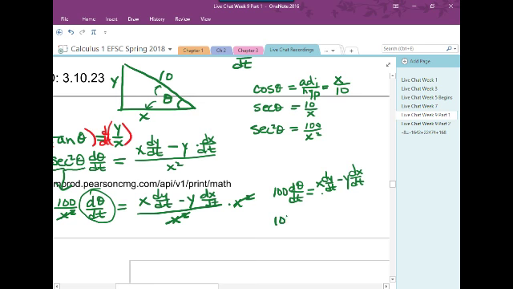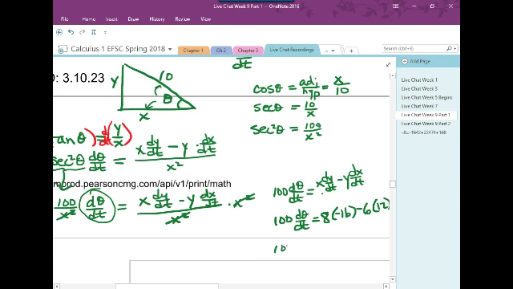So that's 100 times d theta dt equals x, we were given was 8, dy dt, we figured out was negative 16, y, we figured out was 6, and dx dt was given to us as 12.